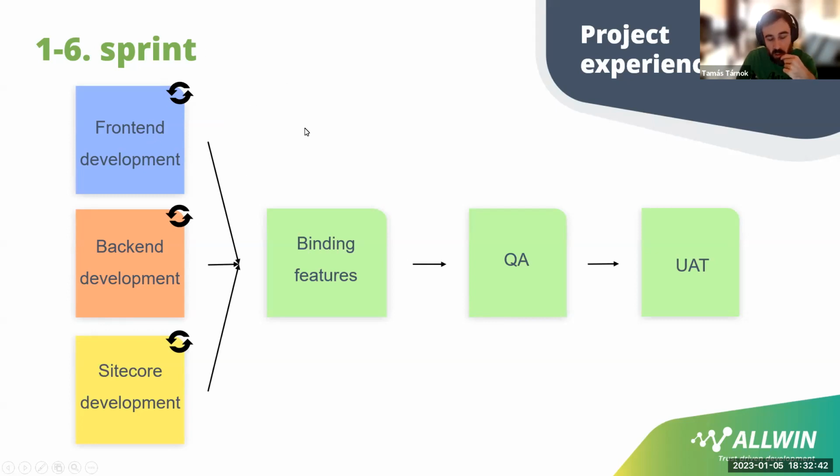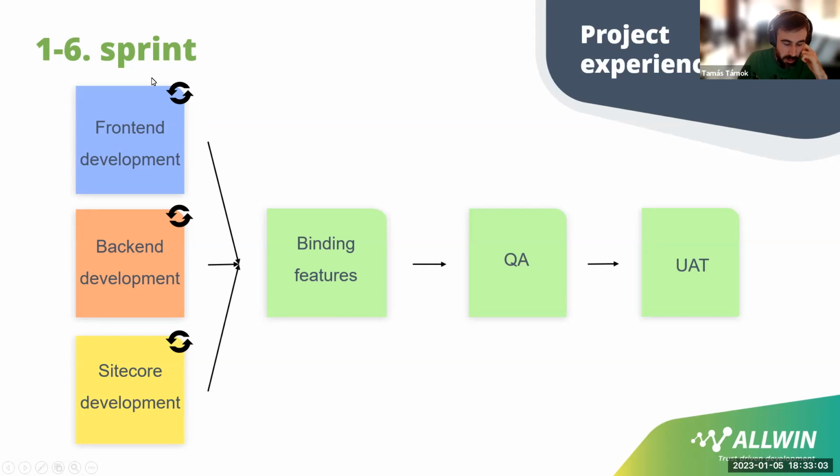So then at the end of the 6th sprint, or somewhere in the 6th or 7th sprint, we started to bind together the features. This is where on the front end, we connected all the applications together, and from there we could start the QA process and the user acceptance.